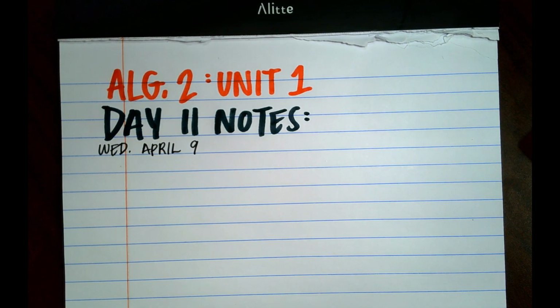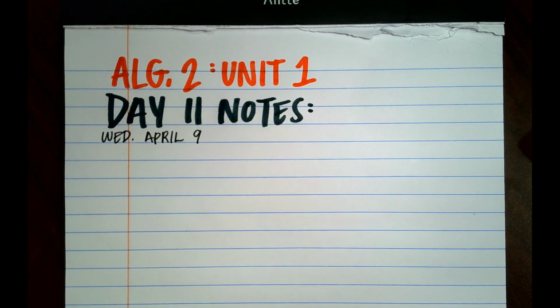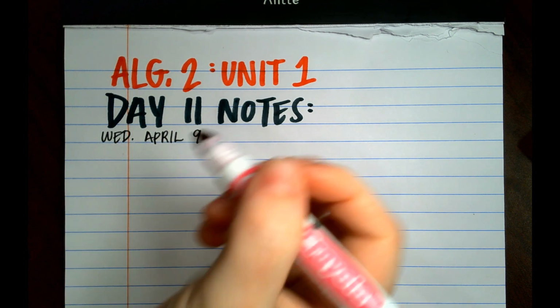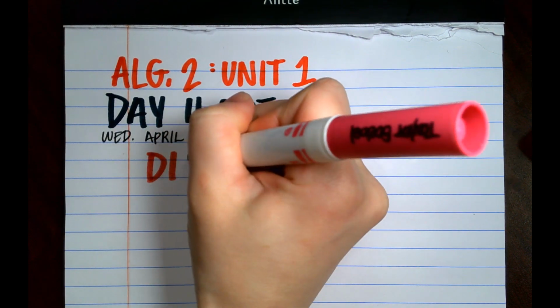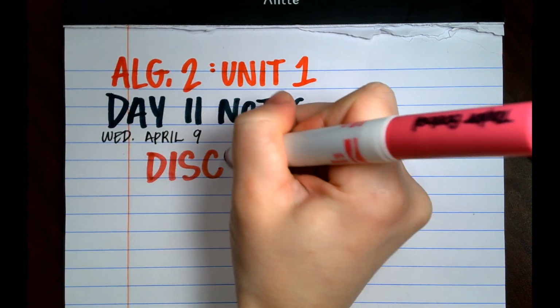Okay, so like I said earlier, we are going to focus today on finding the discriminant. What is that? We're going to write down that word one more time and just make sure we understand it. Discriminant.